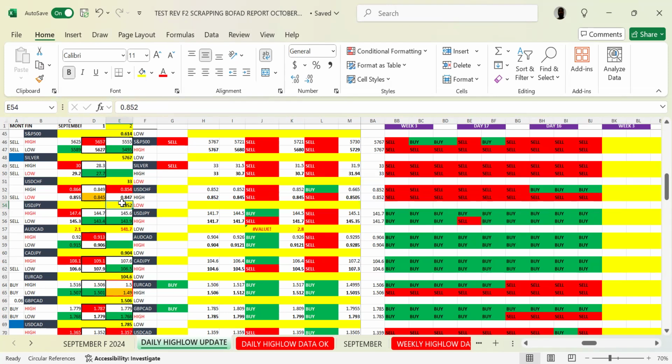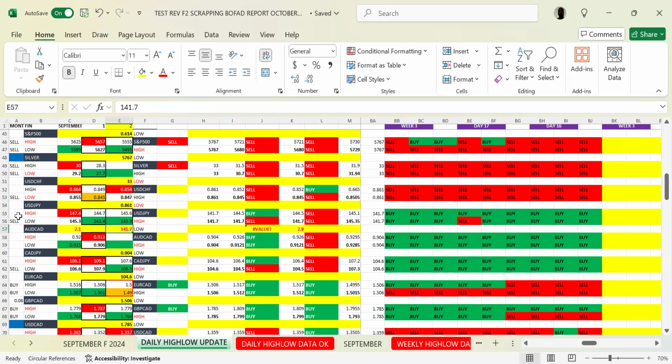At 0.84, you can see we have more of buys, so it's a buy at 0.84, and currently we have 0.861. Based on the current last update, you can see that it is a sell, so we are now on the trend of a sell move.